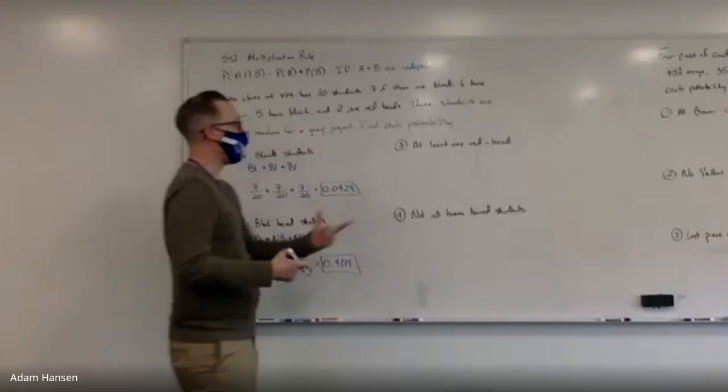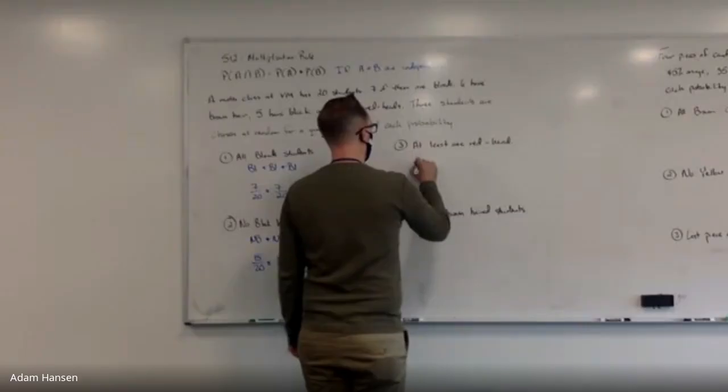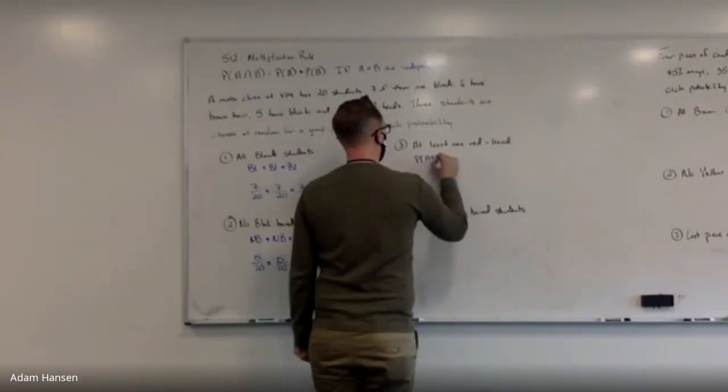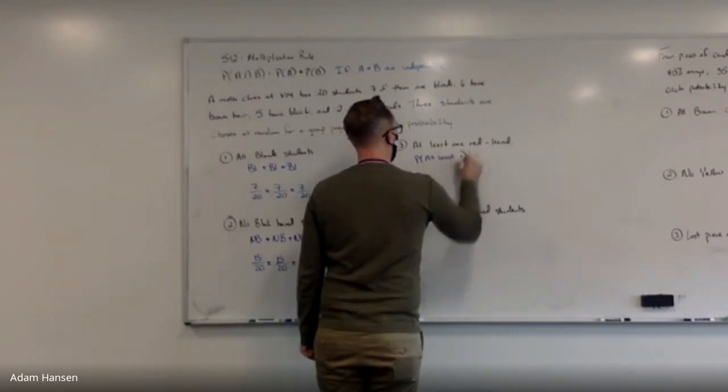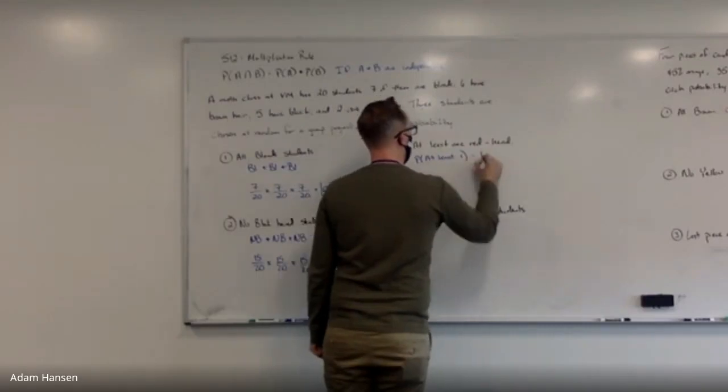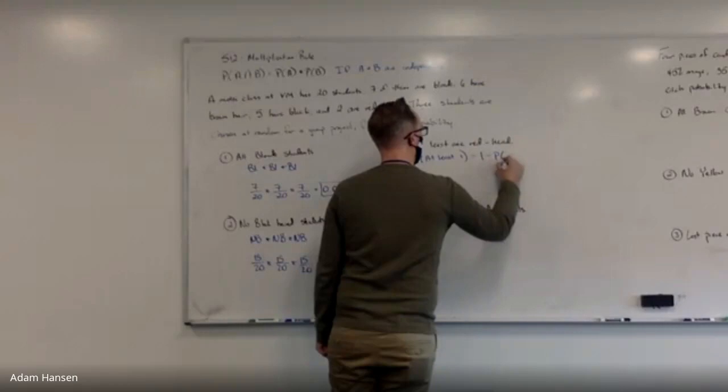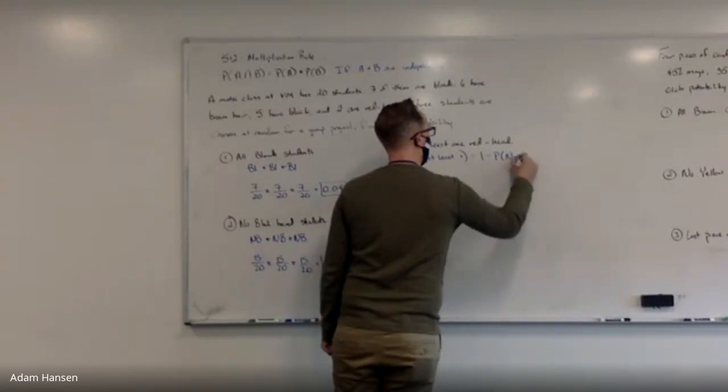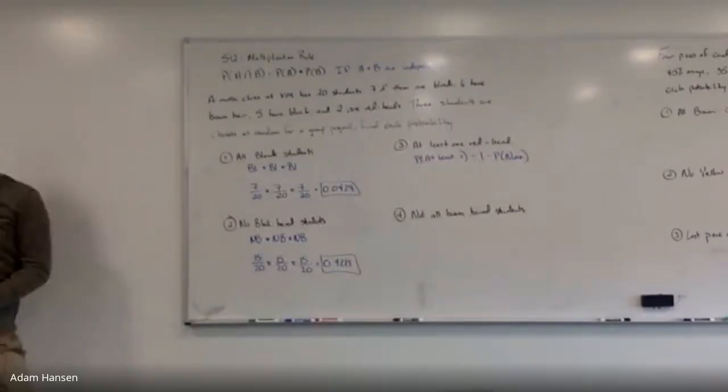Let's use complementary events. The opposite of at least one is none. So the probability of at least one can be found as 1 minus the probability of none. It's all outcomes that are possible, 1, 2, or 3 redheads, but just not none.